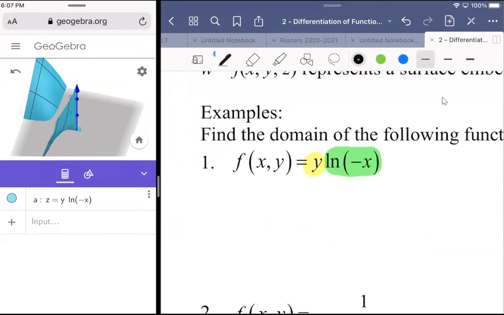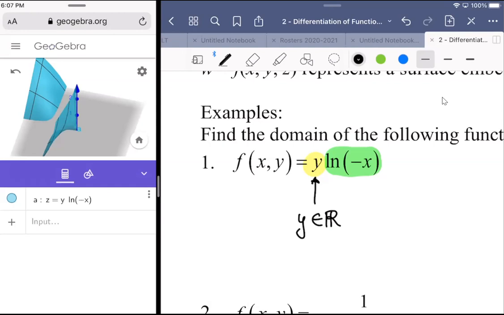So y could be anything. Doesn't matter what y is. It's everywhere continuous, and therefore its domain is all real numbers. So I could say y belongs to the set of reals, but it's the x part that I care about, because that's how this whole thing's going to get restricted.